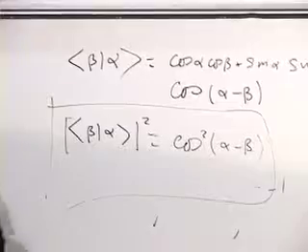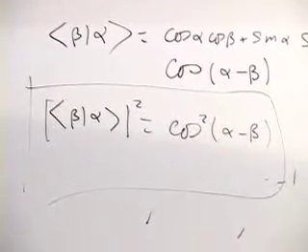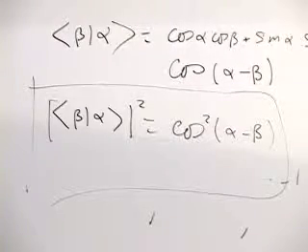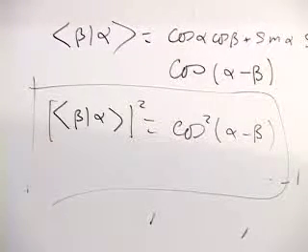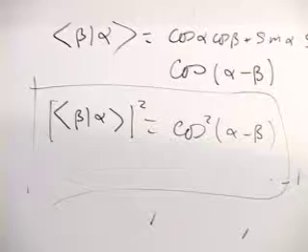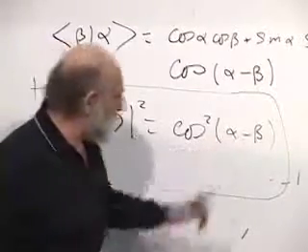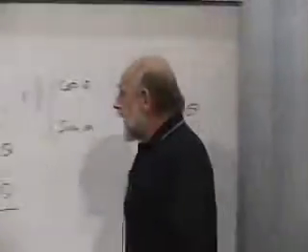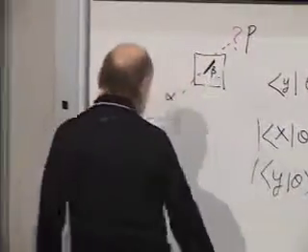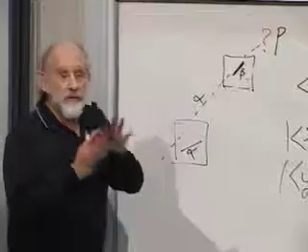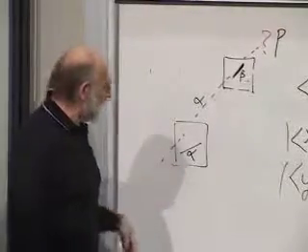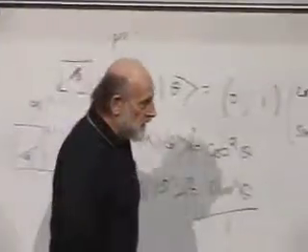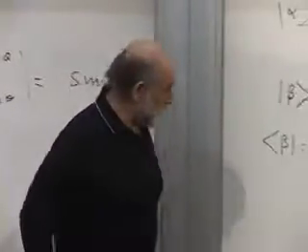But let's look at it a little more carefully. First of all, what happens if beta is equal to alpha? We get cosine squared of 0, which is 1. That says that if we polarize along the alpha direction and then send it through a polarizer very close to the alpha direction, it has a very high probability of getting through, almost equal to 1.